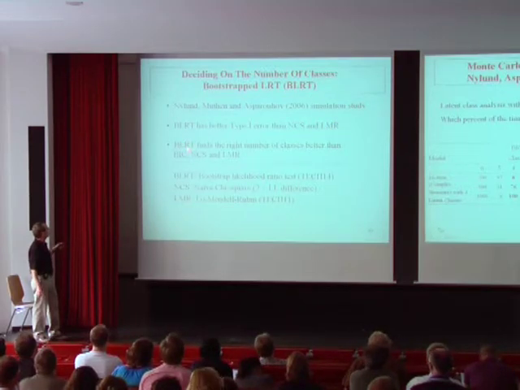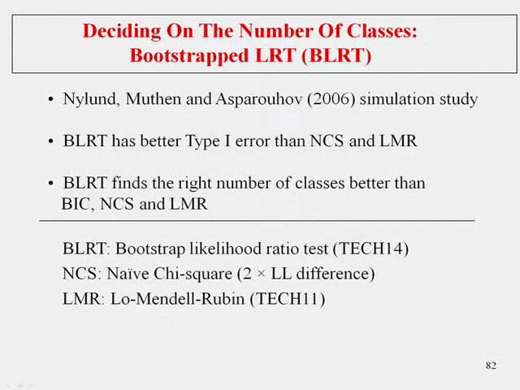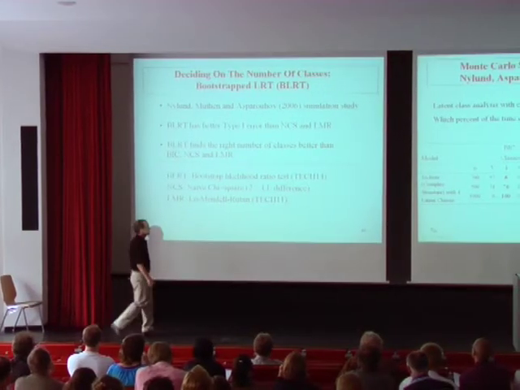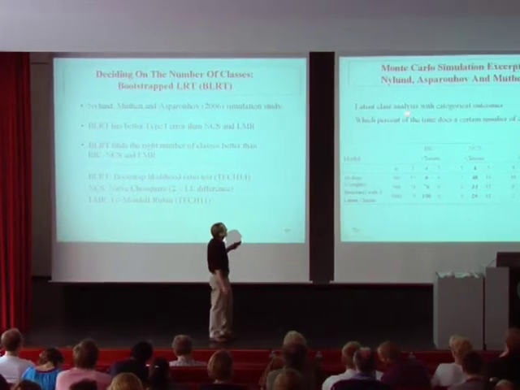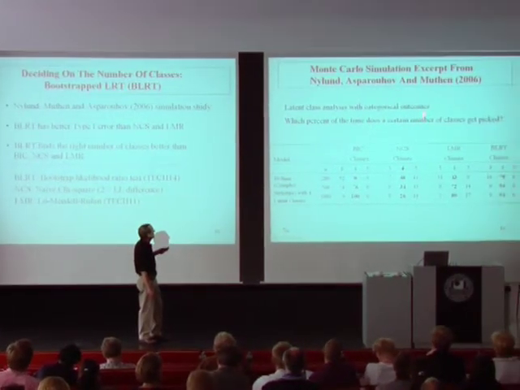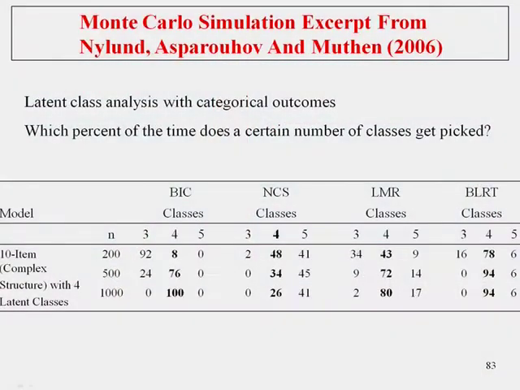And the bootstrap likelihood ratio test finds the right number of classes better than BIC, the naive way of doing it, and Lo-Mendell-Rubin. So bootstrap seems to be theoretically the best. For instance, you have this case here. You have a latent class analysis of categorical outcomes. And you ask yourself, what percent of the time do these different techniques pick the right number of classes?